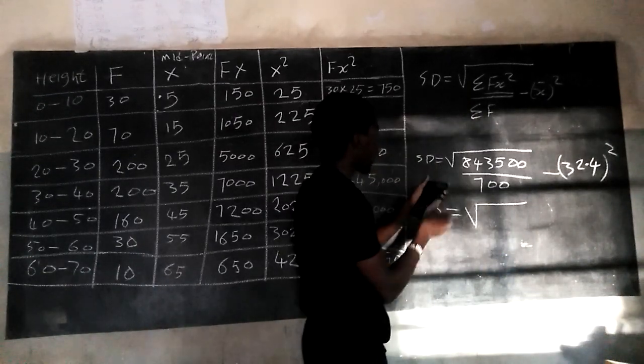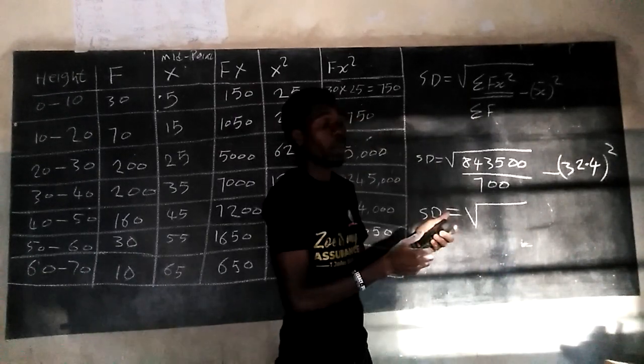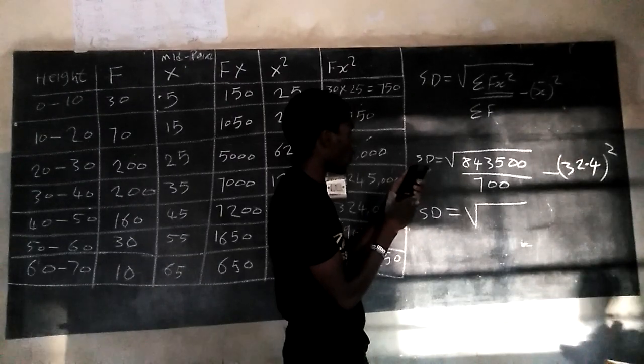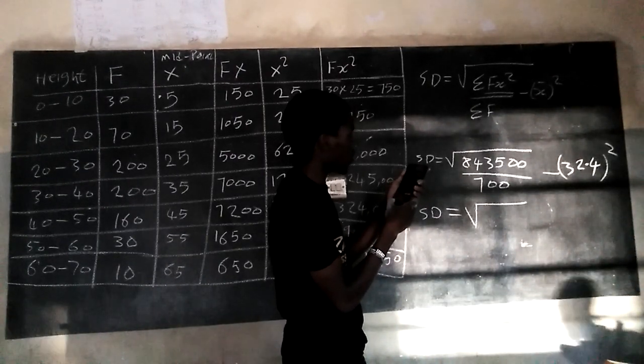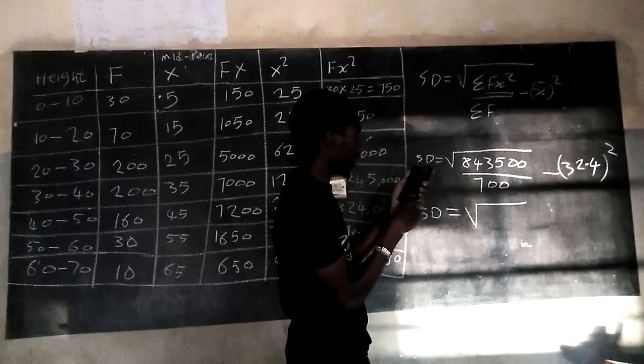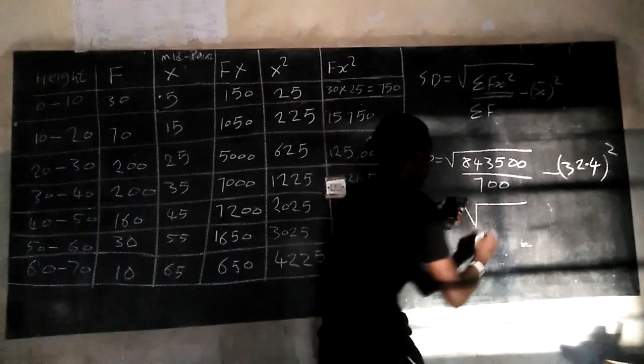So I'll divide now this into this. 84,300 divided by 700 is giving me 120.5.